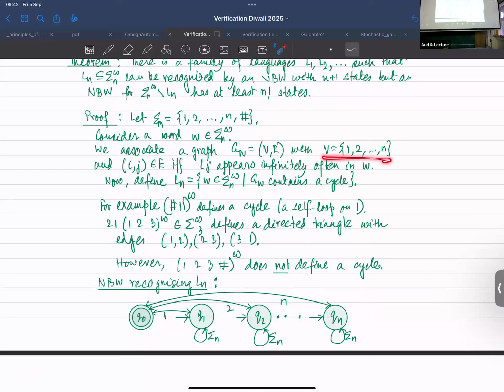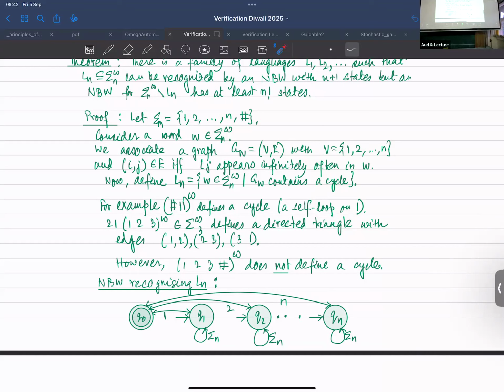The set of vertices of this graph is from 1 to n. We don't have the sharp symbol in the set of vertices.